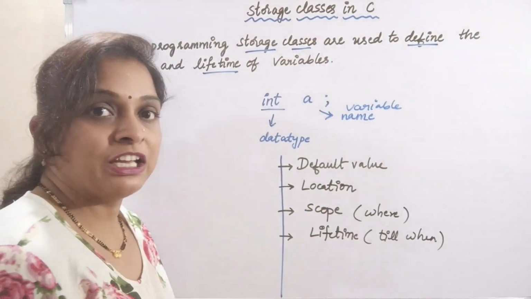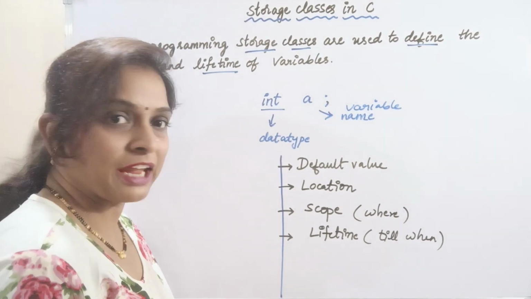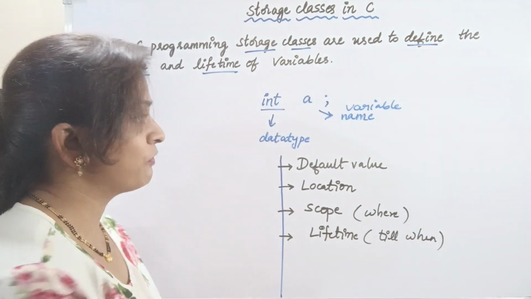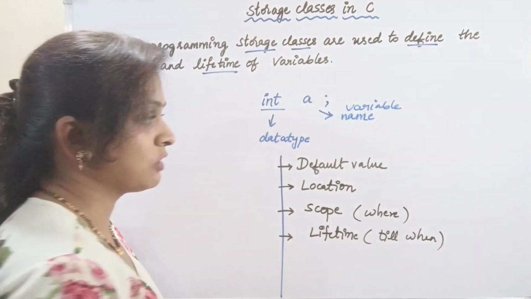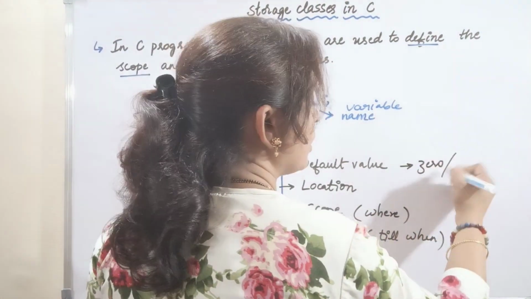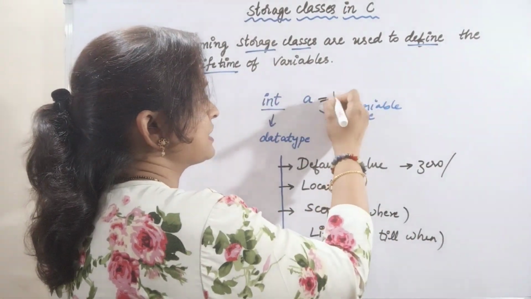So what is this default value? What is this location, scope, lifetime? Let us understand now. Default value means, when we declare a variable, it can have some default value, say 0, if we don't initialize it to any value. Sometimes we may initialize a value, say I equal to 10.